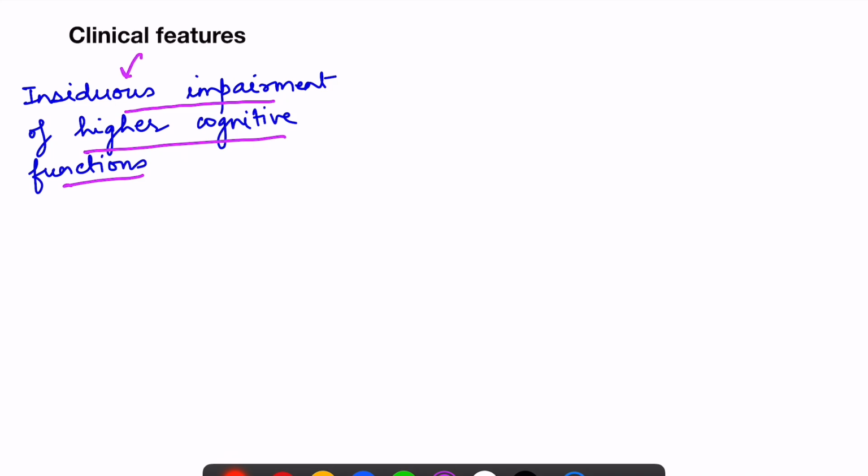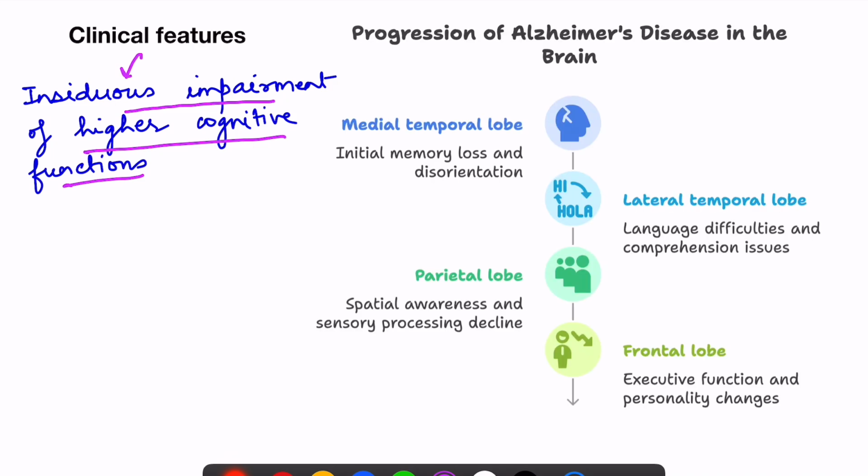Insidious means slow impairment of higher cognitive function. So, first affected is medial temporal lobe, initial memory loss, that is of recent events, and there is disorientation as well. Then there is lateral temporal lobe problems, language difficulties and comprehension issues. Then parietal lobe is affected, so spatial awareness is lost and sensory processing decline is there.